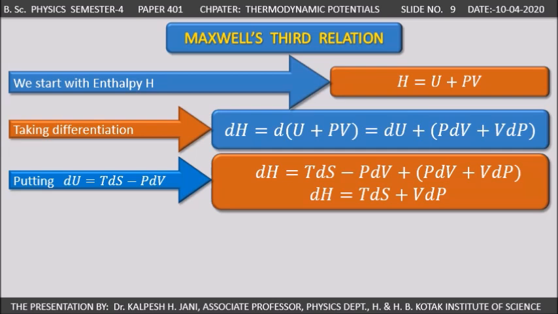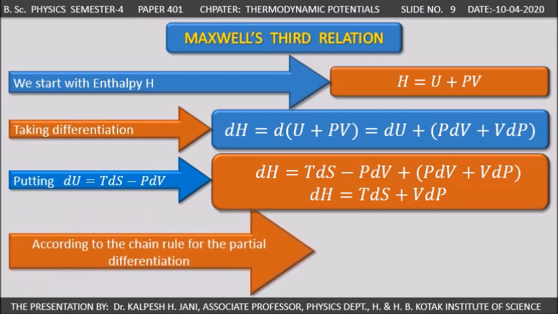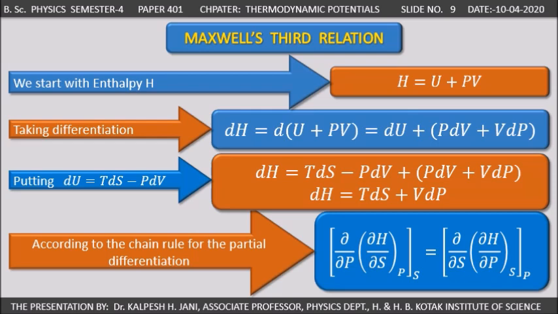So we can show that the second order differential of this enthalpy with respect to entropy and pressure must be equal according to Schwarz's theorem. So we shall proceed to obtain these two second order differentiation terms for the thermodynamic potential of enthalpy.